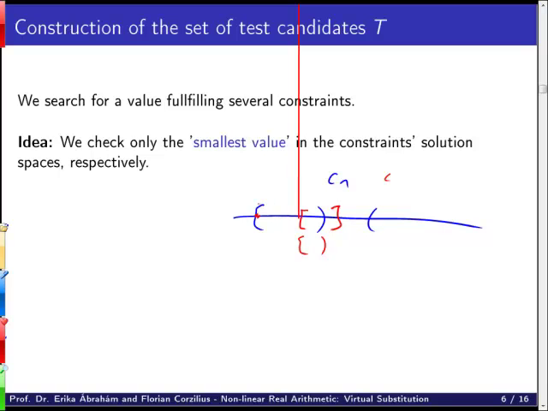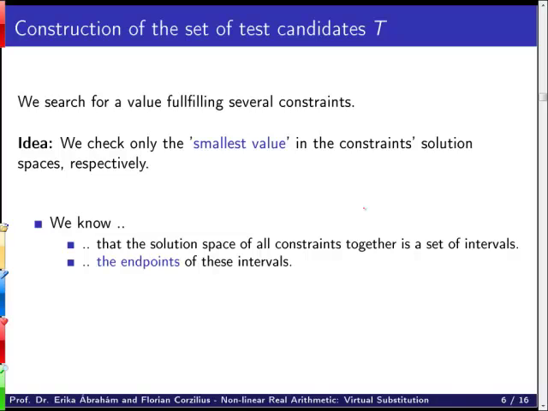Then for this one we take again the bound. And then we have also here the smallest for this interval. And this is not the bound because it's an open interval, but some value which is very close to it. Okay. And we can construct those values because we know the endpoints of all intervals.